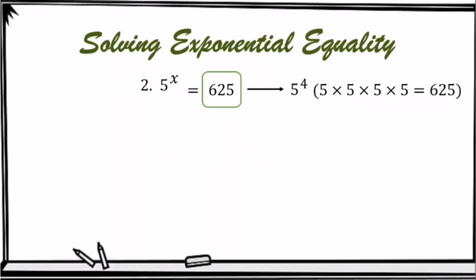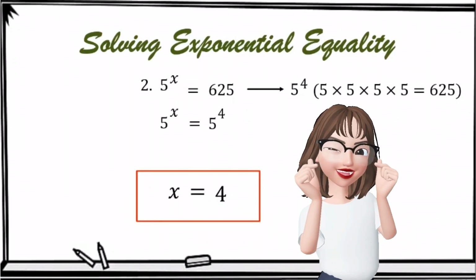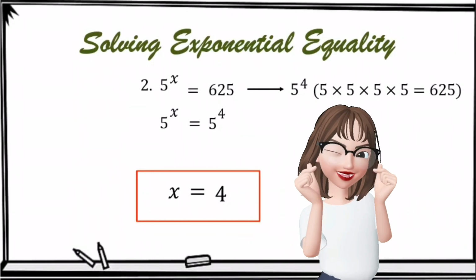So, our given equation now is 5 raised to x is equal to 5 raised to 4. So our equation have the same base, focus now on the exponent. Same with number 1, apply the property of equality for exponential equation. So we have x is equal to 4. Since we have the value of the variable x, therefore, the answer is x is equal to 4.